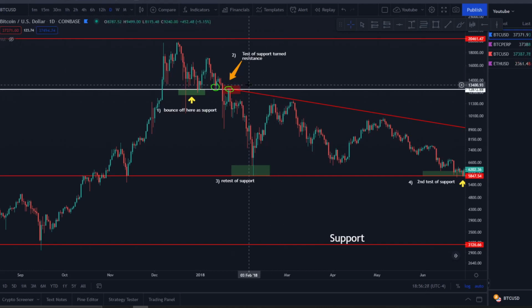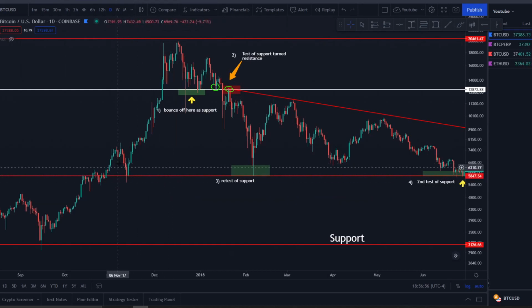Now that we're below it, 12,872 will always be resistance until we break above it. And then it will most likely be support. So we retest it as resistance and shit the bed all the way down here to 5,847, and we retest the support from back here in November of 2017.